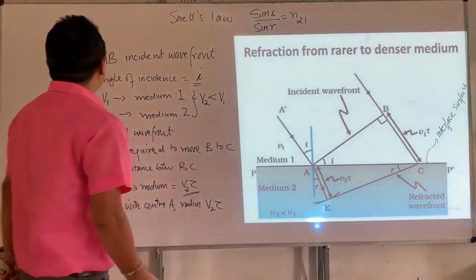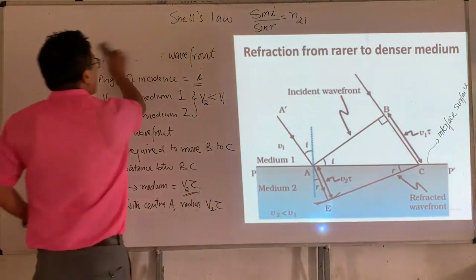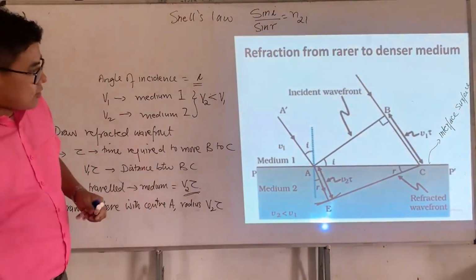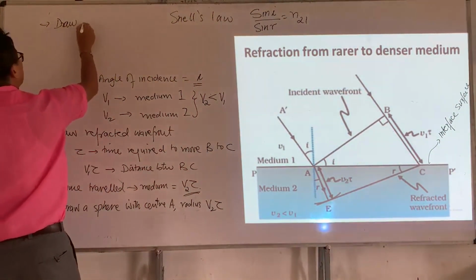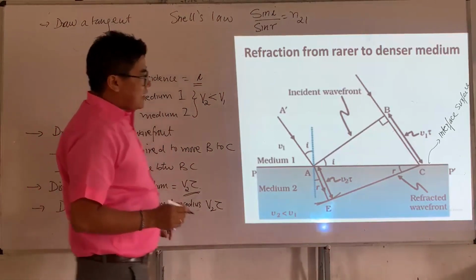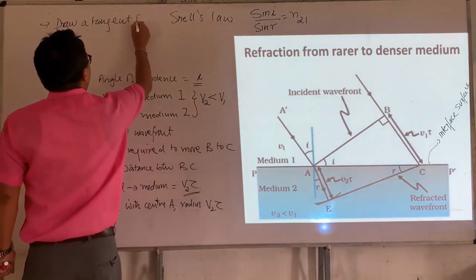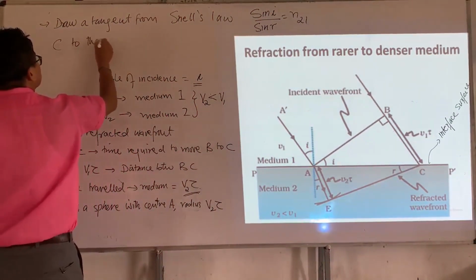And then what we are going to do is draw a tangent. Look at here. Draw a tangent from C to the sphere.